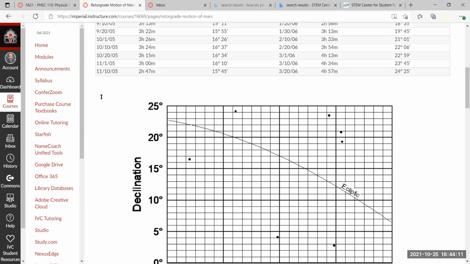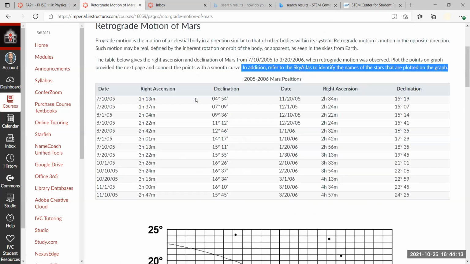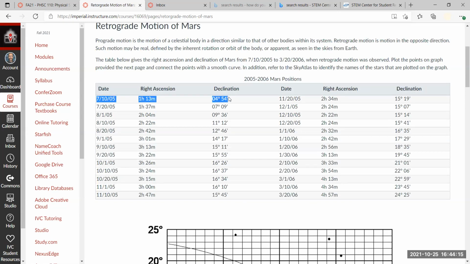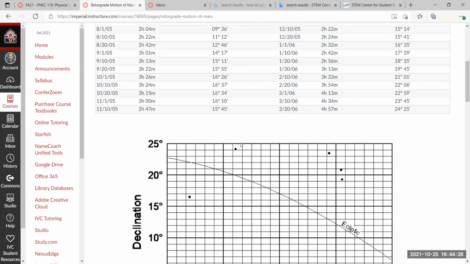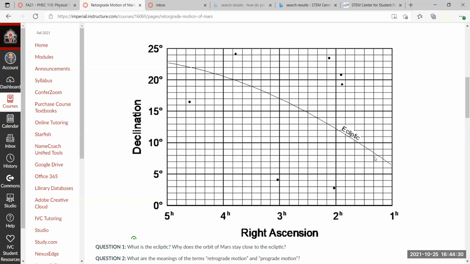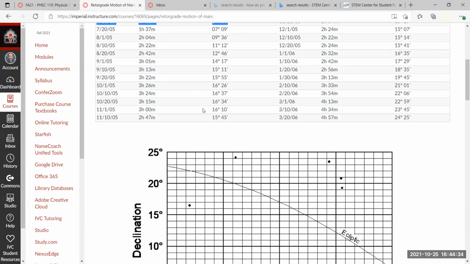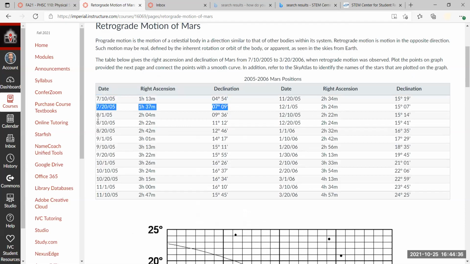So all you have to do is take the data, which was another question that some of you asked. Are we supposed to plot all the data? Absolutely, yes. We're going to go systematically through the entire data. Let's say, for example, July 10th, 2005: you have the right ascension, you have the declination. Use the right ascension and the declination to find the position of Mars on that date. And you're going to move point by point on the graph, on the table, plotting the different points on different dates, and you will see it.